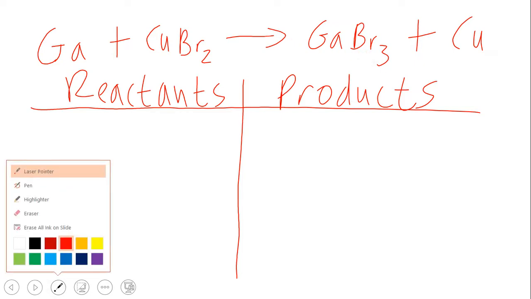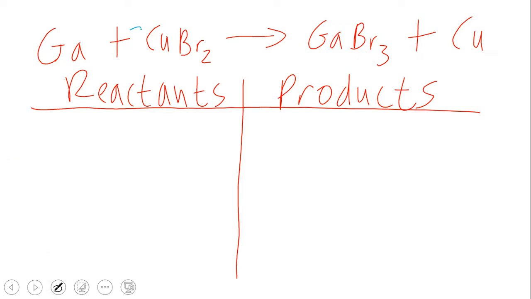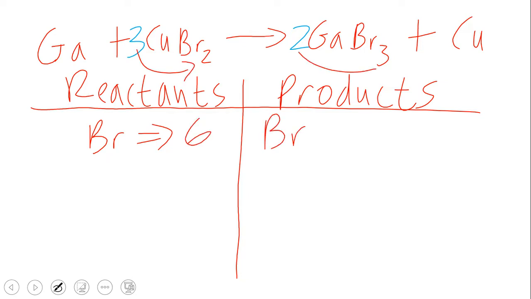So let's do that. And if we do that, let's deal with the Br first. The Br would be 3 times 2, which is 6. And on the product side, it's going to be 2 times 3, which is also 6. Okay, that's neat.